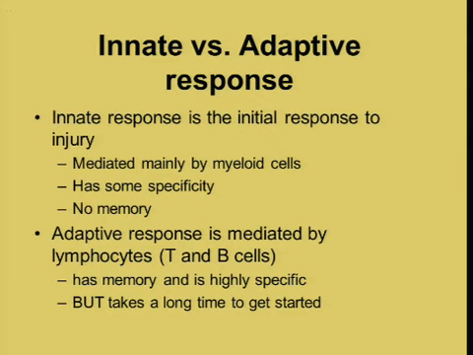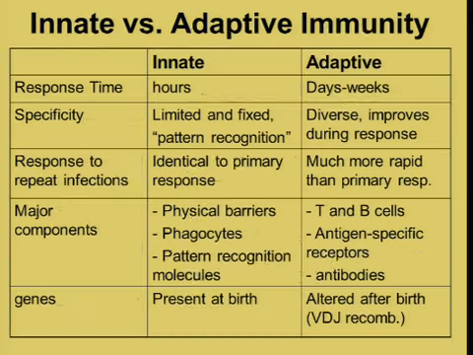So in general, when you have an insult, you have an initial wave of response that is usually the innate immune system. Here are the differences between the innate and adaptive immune systems. The time is much faster in an innate immune response than an adaptive one, although the adaptive immune response, once kicked in and remembering, can be faster and stronger.